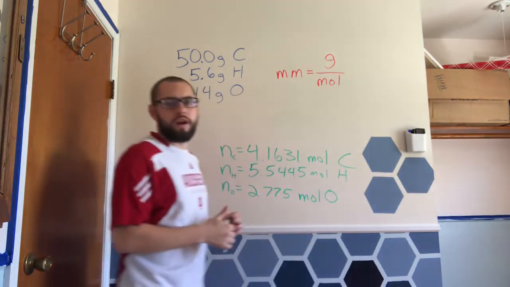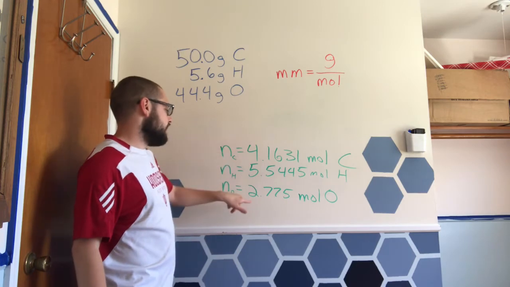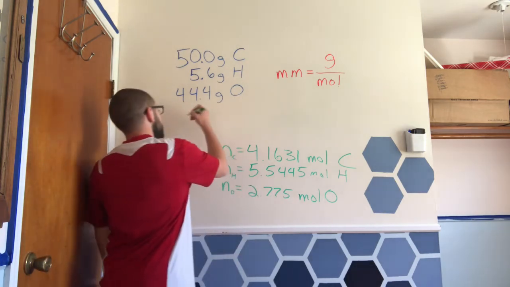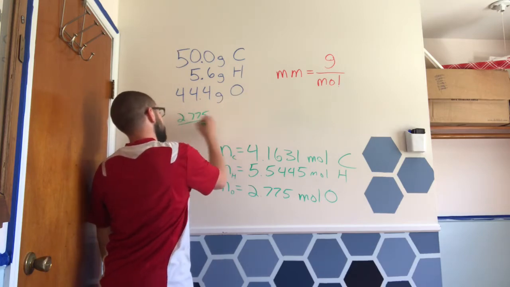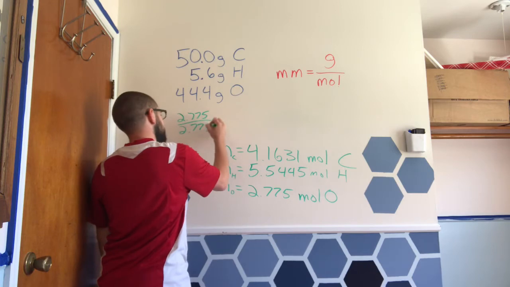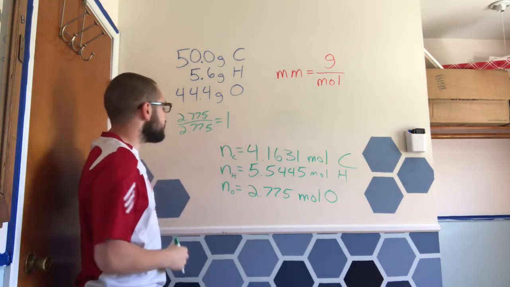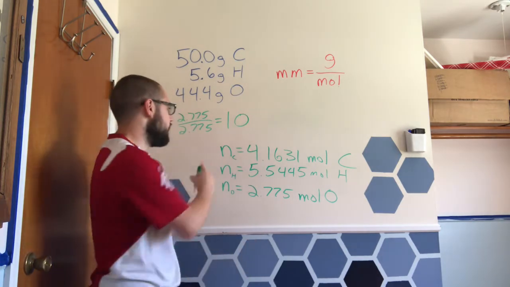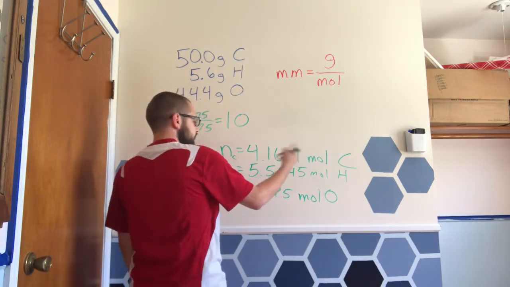So what I would do, I would take all of these and divide them by 2.775. For one of them, that's going to be easy. 2.775 divided by itself is 1. So that tells me I'm going to have 1 oxygen, 1 O. I know it looks like 10. I'll do the same thing for the rest of these.